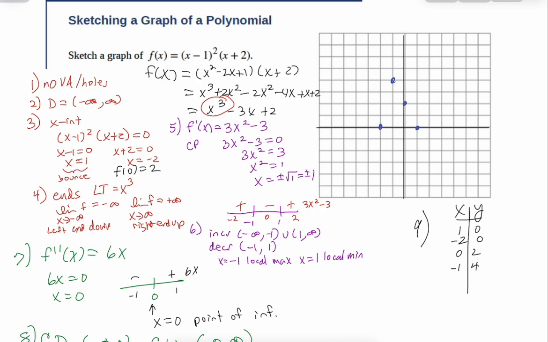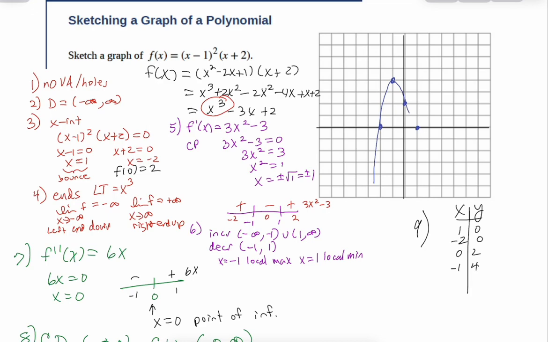Now remember, what we know from pre-calc. So the concavity here is concave down until we get to 0. That is a local maximum.